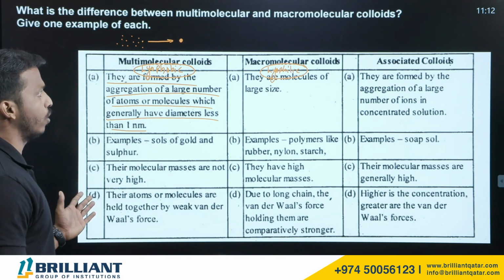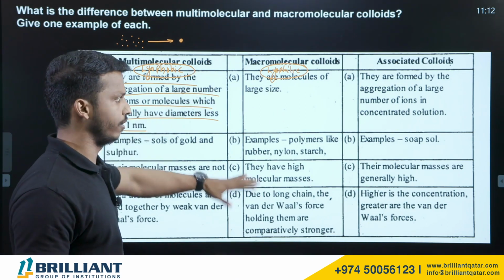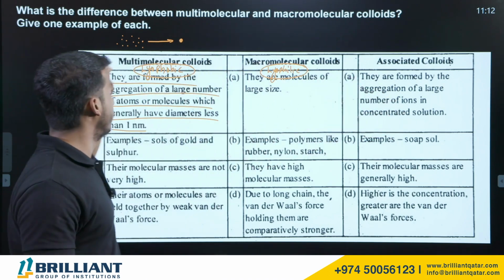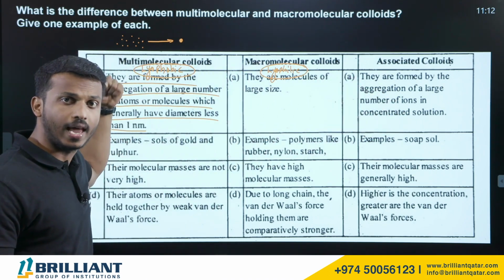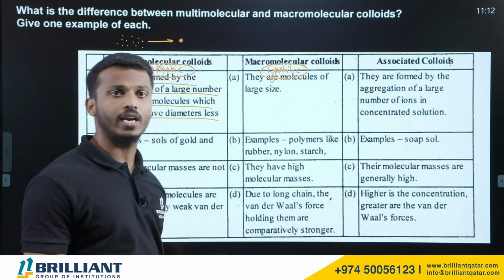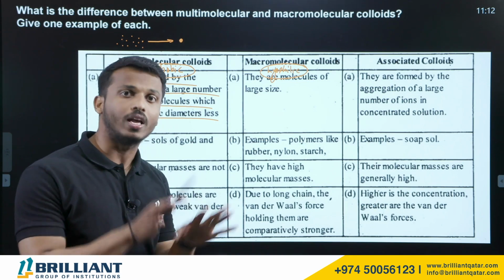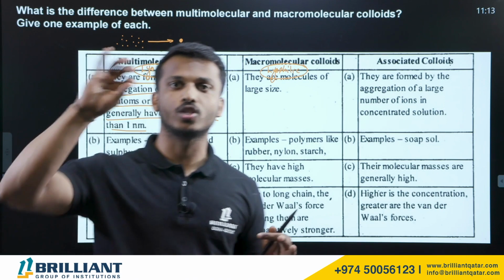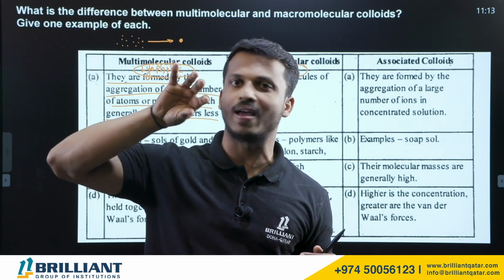This is the major topic you have to remember. So the difference between multimolecular colloid and macromolecular colloid is important. And what about associated colloid? Multimolecular colloids are generally lyophobic and macromolecular are lyophilic. Associated colloids contain both lyophilic and lyophobic parts. You studied micelle formation, where the soap contains a lyophilic and lyophobic part.